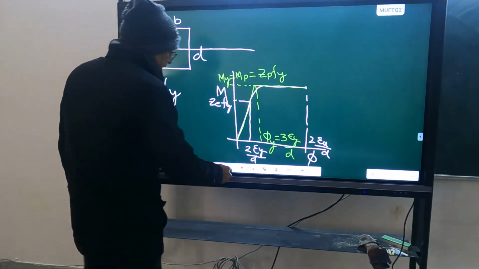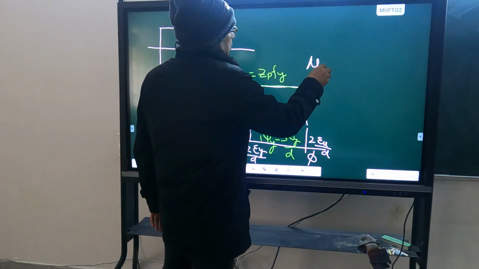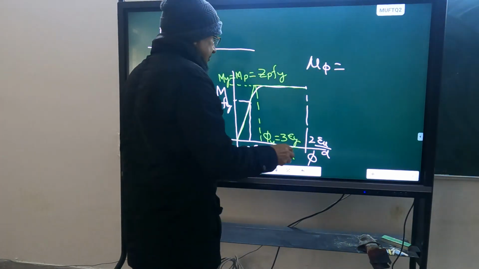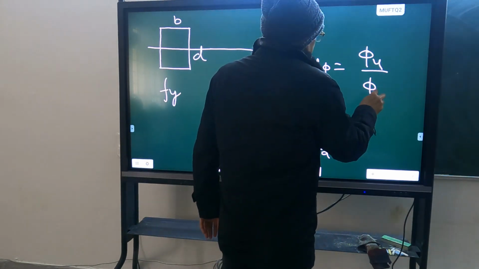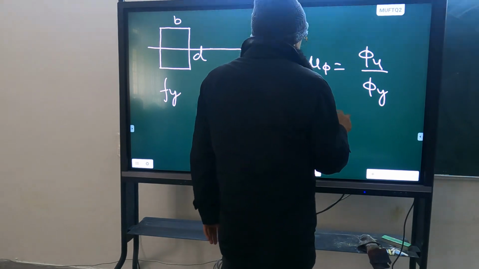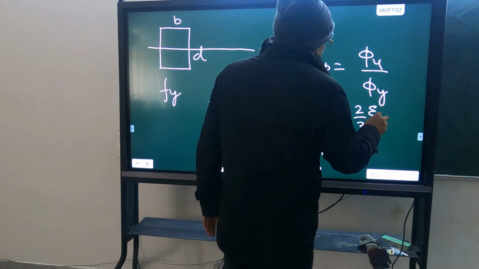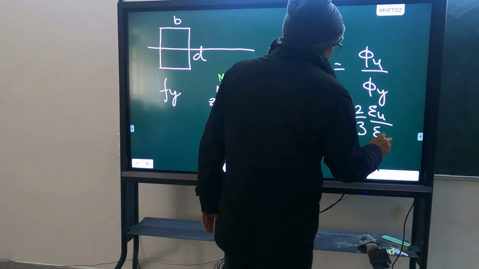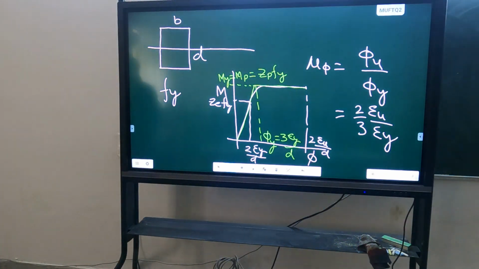And then we can calculate mu phi as phi u divided by phi y, and that is 2 by 3 epsilon u over epsilon y.